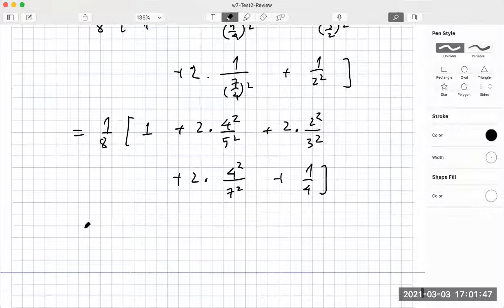Yeah, same story. Summarize it yourself. Pick them up. That's all about the second one.